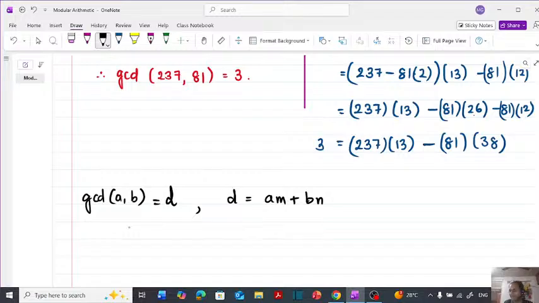I can always express where m and n are some integers, and this m and n are not unique. Okay, so this is what we understand.